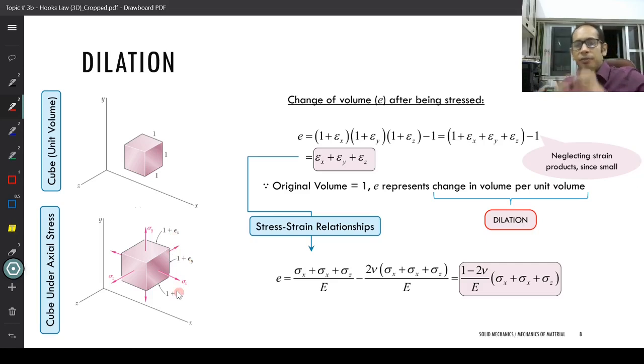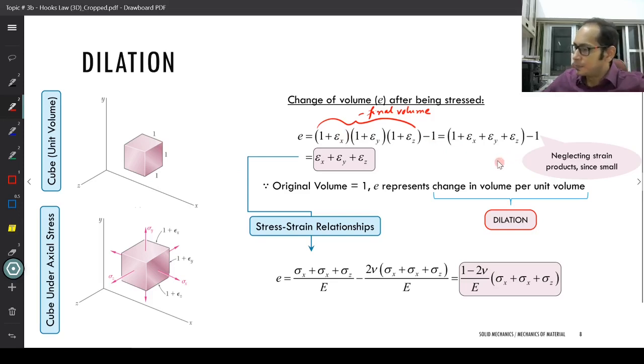It is the final volume divided by the original volume. The final volume, as you can tell, is this expression over here, the product of the final lengths. So I will mark it over here: this is my final volume. And my original volume for a unit cube is 1 times 1 times 1, which equals 1. Now, if you expand this one, it comes out to something like this.